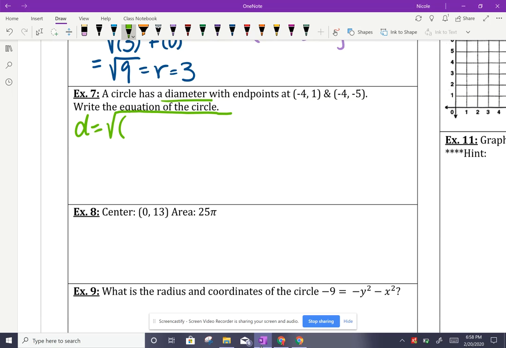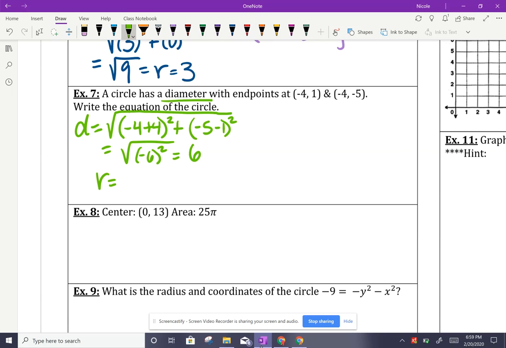So I have negative 4 minus a negative 4 plus negative 5 minus 1 squared. Those 4's are going to cancel each other out, and I'm going to be left with the square root of negative 6 squared, which is just going to turn into 6.